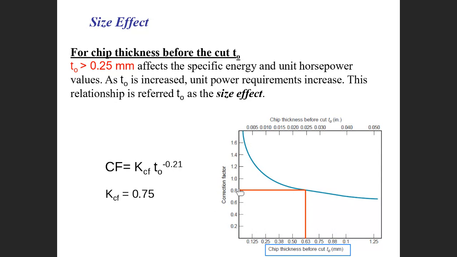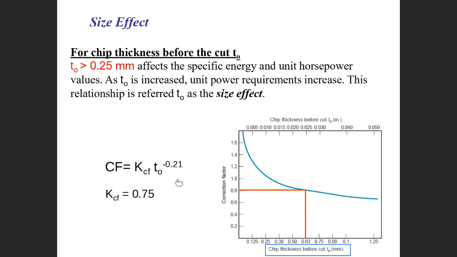Then you multiply the unit power from the table by 0.8, and you get the correct value.